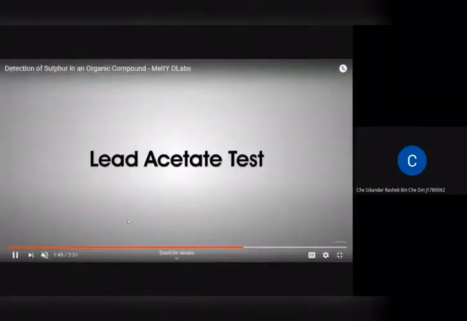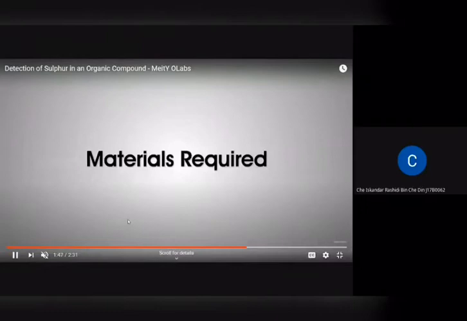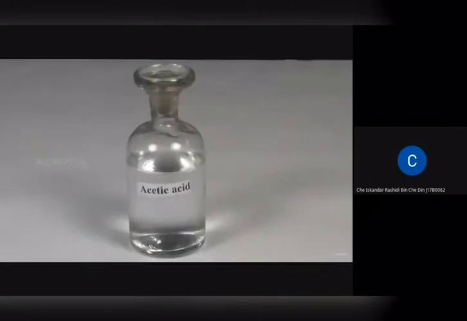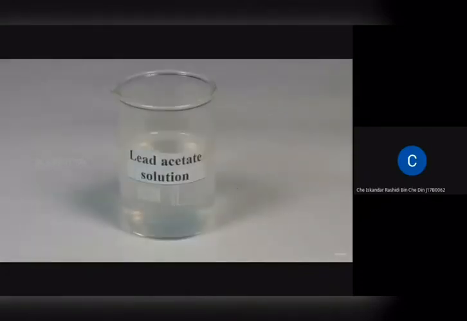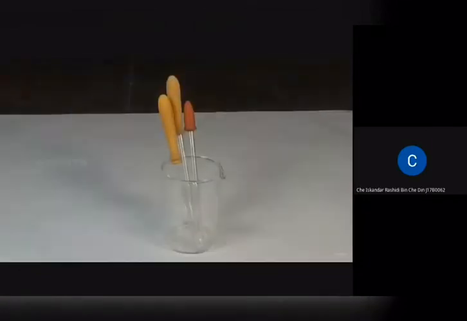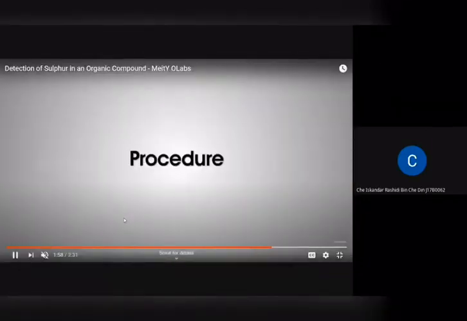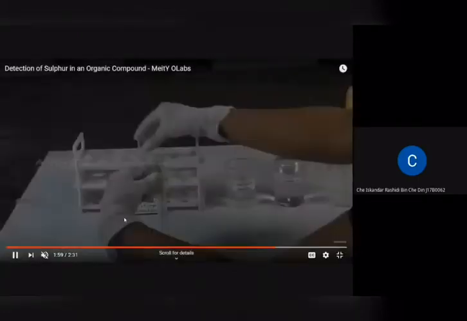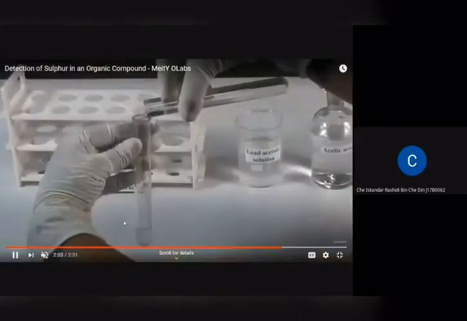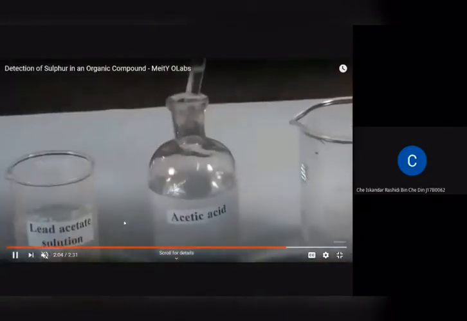So the second test is lead acetate test. Material required is leucine extract, acetic acid, lead acetate solution, test tube, and a dropper. The procedure: add a small portion of leucine extract in the test tube, and a few drops of acetic acid using a dropper.